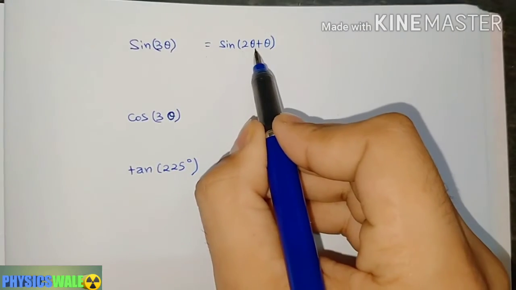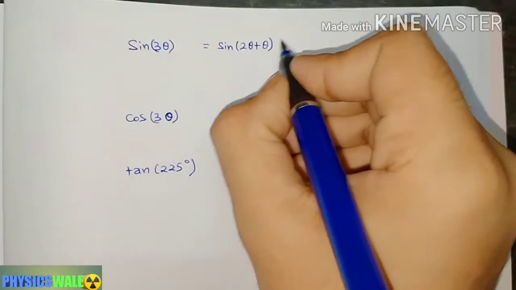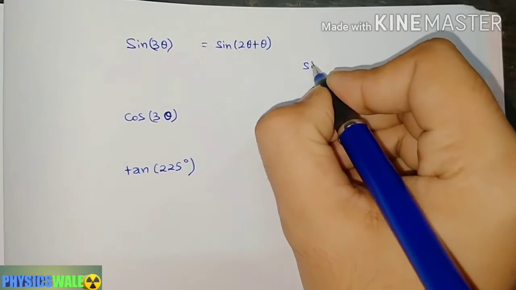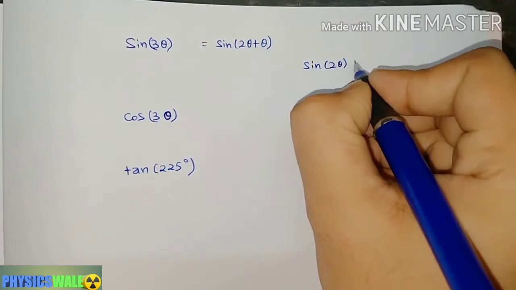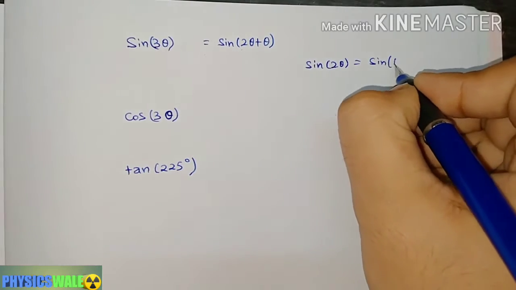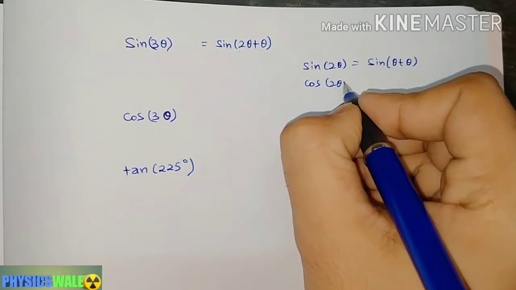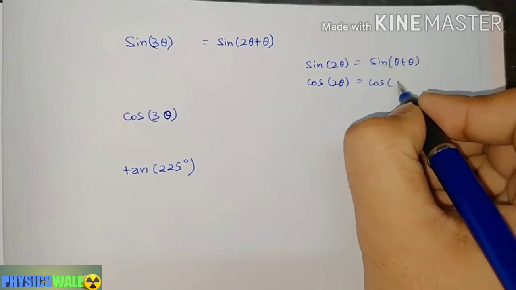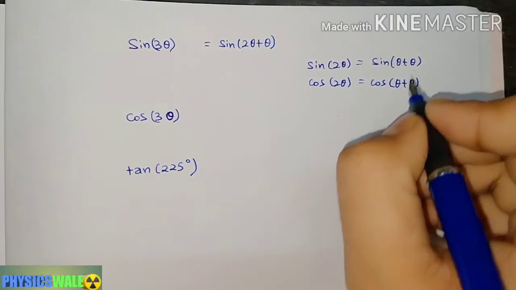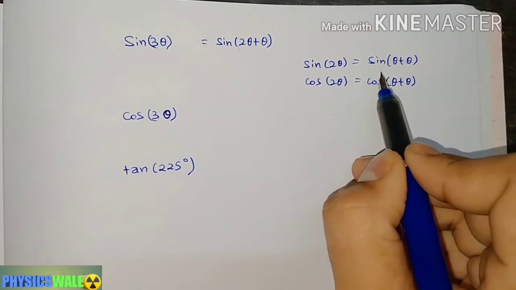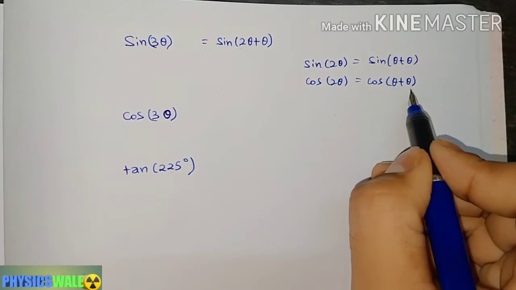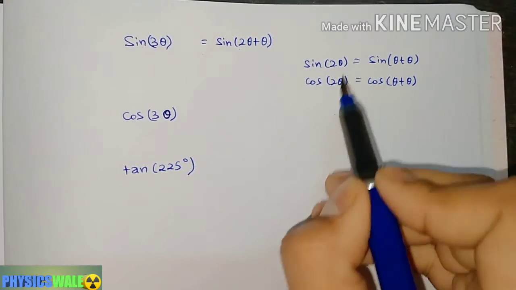So sine 2 theta and cos 2 theta can be calculated by writing sine 2 theta as sine theta plus theta and cos 2 theta as cos theta plus theta. Now we can apply the same formula, that is sine A plus B and cos A plus B, to calculate sine 2 theta and cos 2 theta.